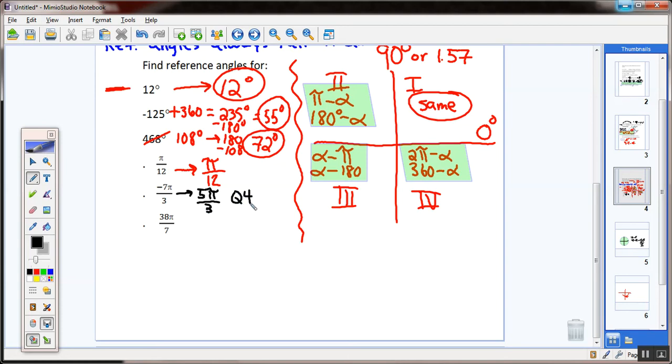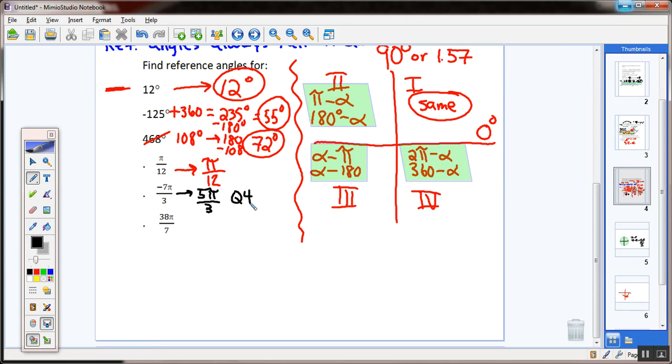So to get a reference angle now, what does your rule say regarding radians? 2 pi minus your 5 pi over 3, in other words. If you start with radians, probably a good idea to end in radians. So watch what we're going to do here. For this negative 7 pi over 3, we're now going to take 2 pi minus what?